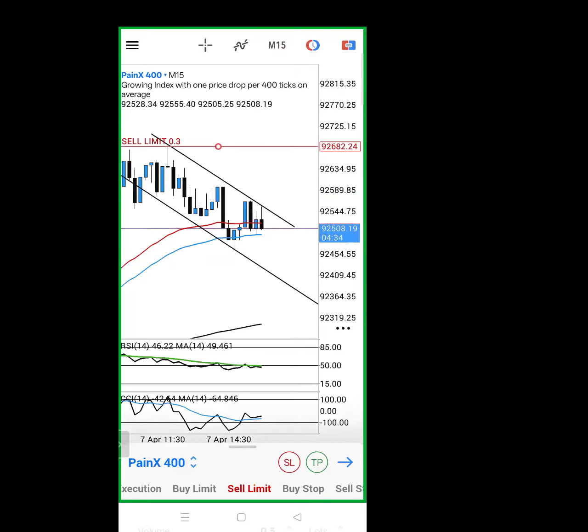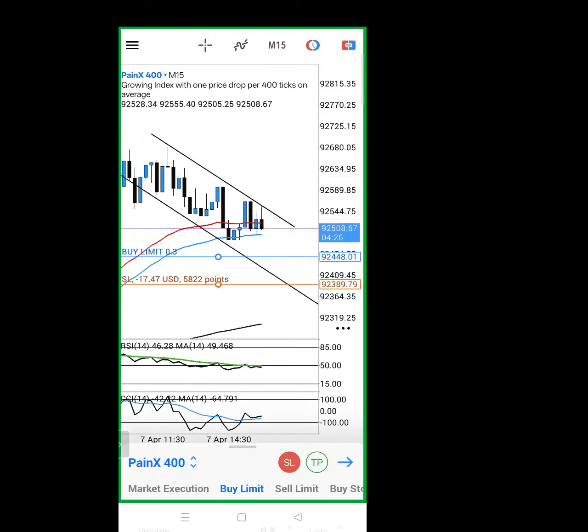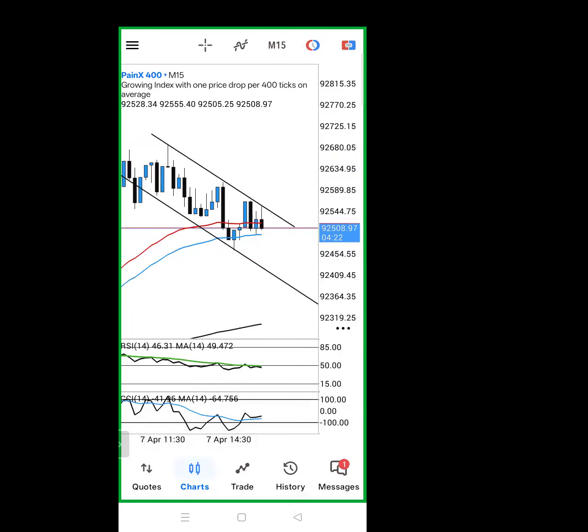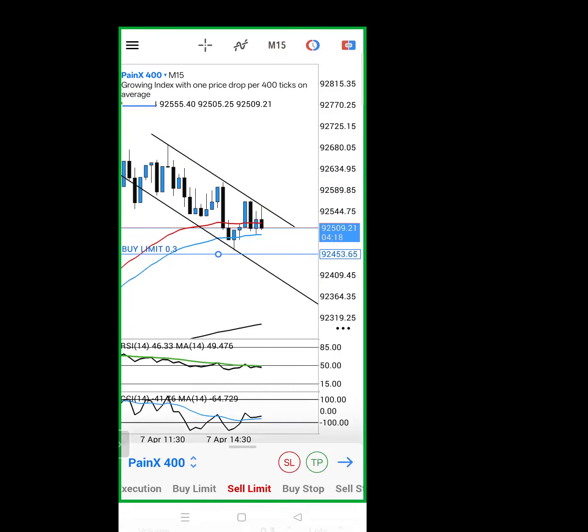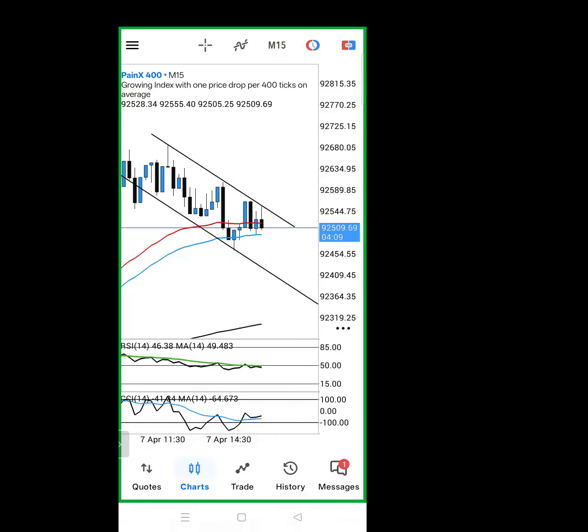So I want to try something again. So let's do buy limit here and take profits. Buy limit, take profit. Still 17. This is still large.